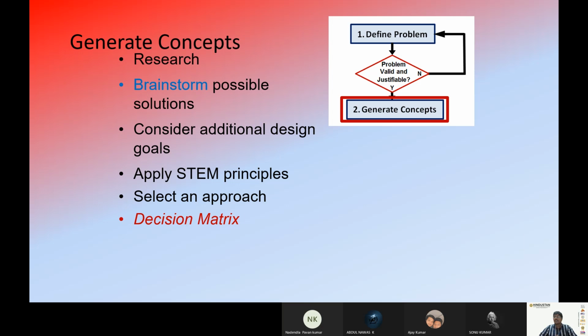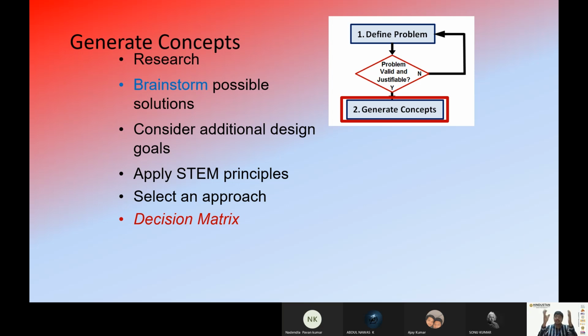Right, because if you're doing some experiments, if you want to make a new design, you need some support. You can get support from science, from technology, from engineering and mathematics. So while you're generating concepts, you need some principles from all these areas, so that is very important. And which type of approach?